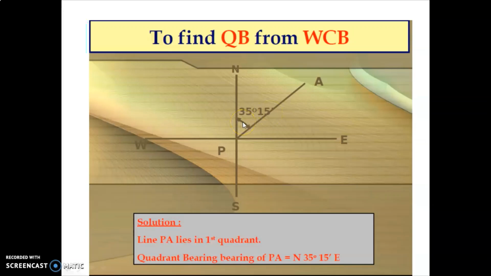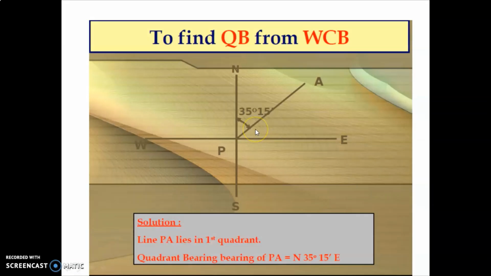From this WCB value I have to calculate the quadrantal bearing. Remember students, I have shown you the first table in which WCB is given and you have to calculate the RB, and I also told you that you can do that vice versa also. If RB is given to you, you can calculate WCB also. So both examples are there. We can see them one by one.